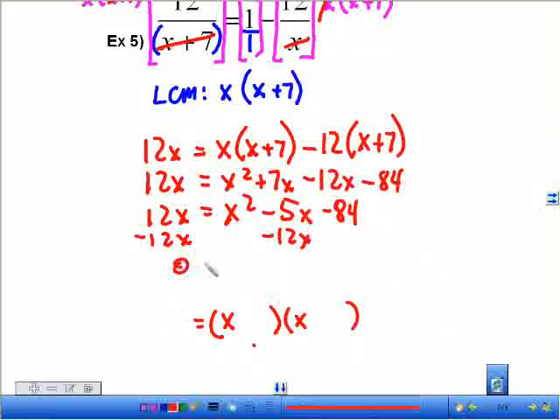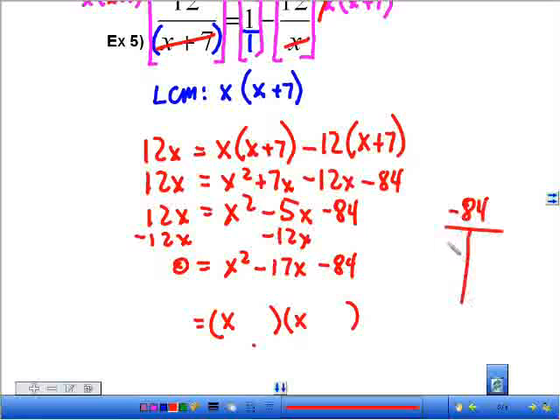So let's see what I have. 0 equals x squared minus 17x minus 84. Now we have something that we can factor. Remember, when we're factoring negative 84, we want to know two factors that will add together to give us the negative 17.